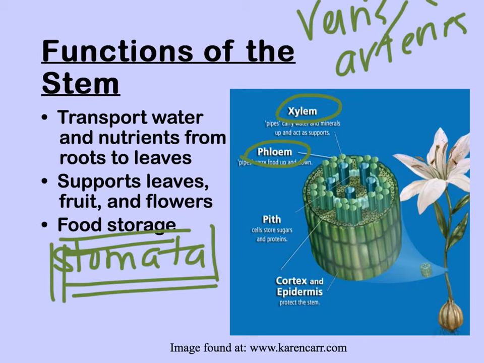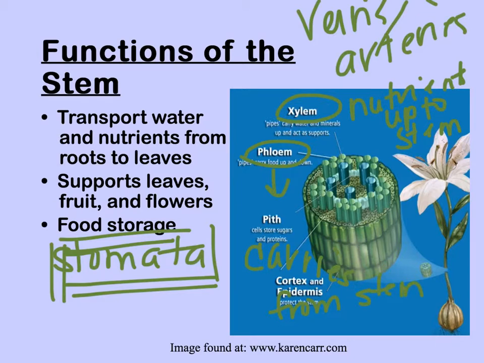So xylem carries nutrients and water up to the stem from the roots, and phloem carries it down from the stem to the roots.